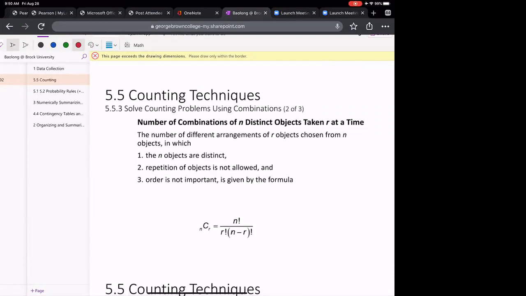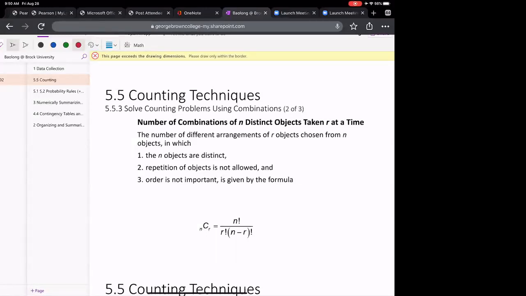The number of combinations of n distinct objects taken r at a time has some restrictions. Number one, the n objects are distinct. Number 2, repetition of objects is not allowed. Number 3, order is not important.